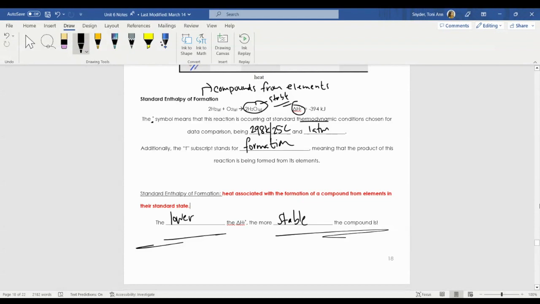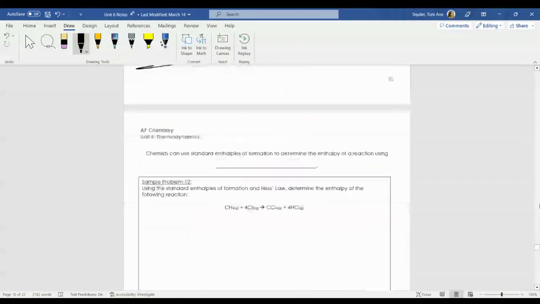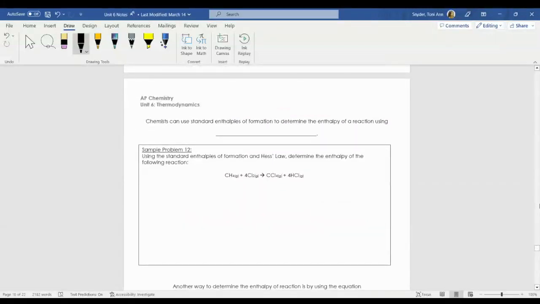And actually in class, we're going to look at this because I have a chart that has a whole bunch of standard enthalpies of formation on it. So we could see really how stable some of these compounds and elements are. We're not going to work with that too much otherwise, but we can use the standard enthalpies of formation to determine the enthalpy of a reaction.